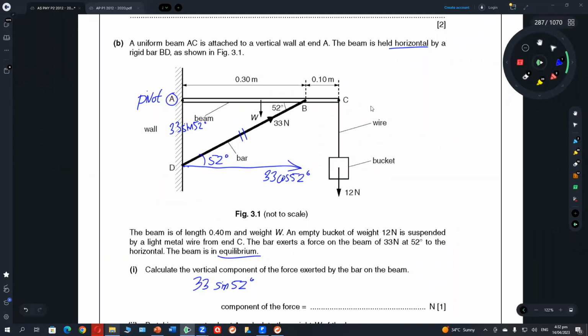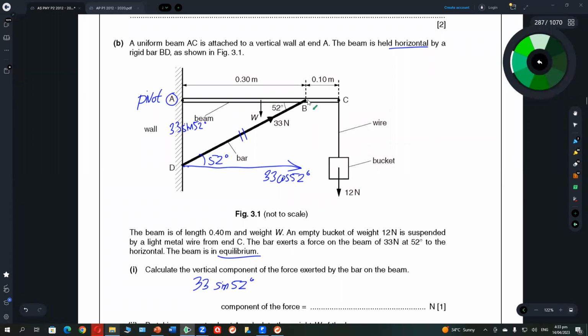And we have a force here. This is an important thing to see, how we should consider the pivot at A. So I have to improve my diagram to manage the moment at A.